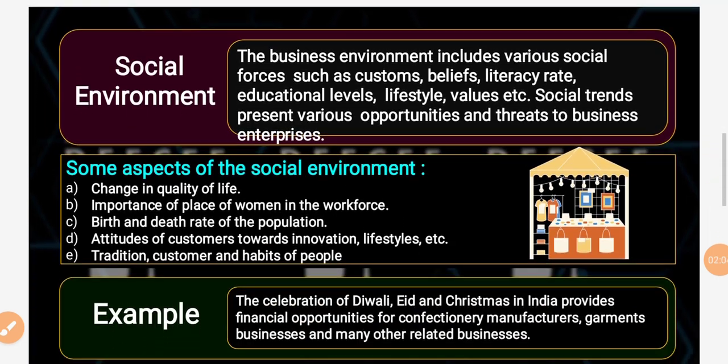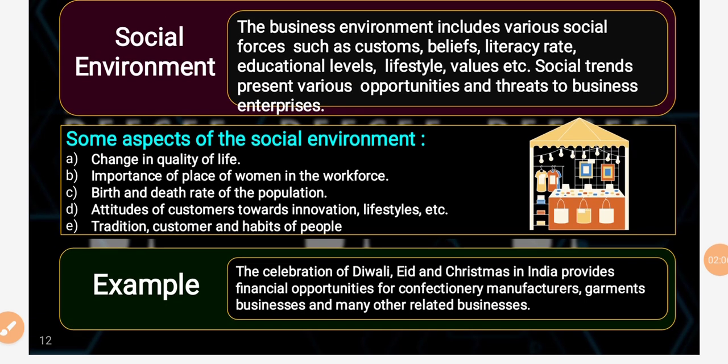Next one is our social dimension, or we can say social environment. Social environment includes all those factors and forces which are going to impact the society as a whole. So it basically includes value system, customs, beliefs, education level.